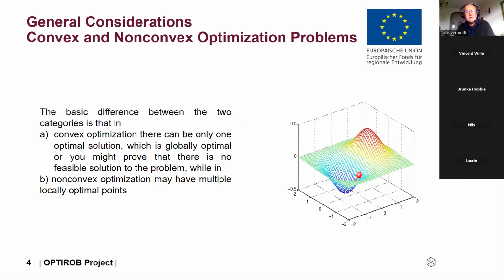Do you remember I told you about what a non-convex optimization problem is, and what a convex optimization problem is? Of course, a convex optimization problem is one in which we have just one minimum or one maximum. It seems in this picture that we have just one minimum and one maximum. Please use a little fantasy.